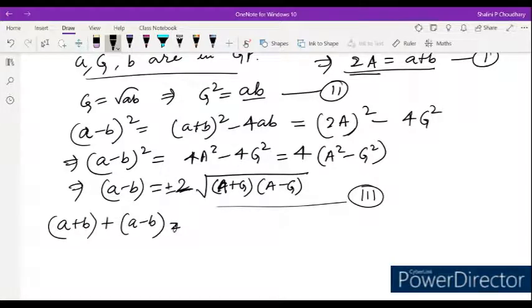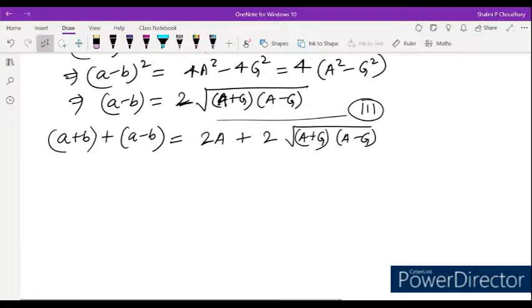According to equation 1, a plus b is equal to 2A, and a minus b is equal to plus 2 into square root of (A plus G) into (A minus G). So we can take 2 common.